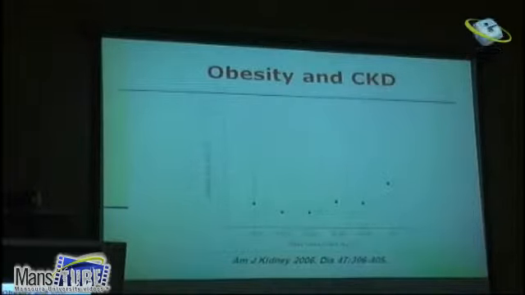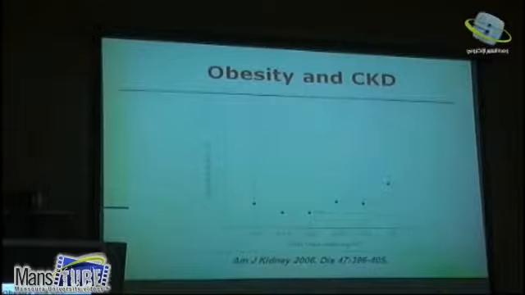The higher the body mass index above the normal, the higher the relative risk of occurrence of chronic kidney disease, and the persons with morbid obesity, that means body mass index above 40, have a relative risk of 3.1. And here the slide will show the persons with low body mass index are at risk for chronic kidney disease. So the higher the body mass index and the lower the body mass index, you can see this is a U-shaped curve.